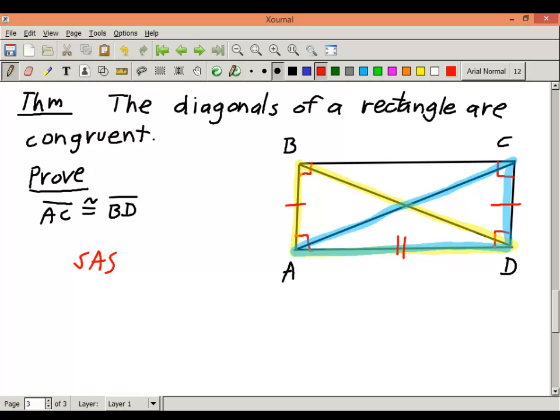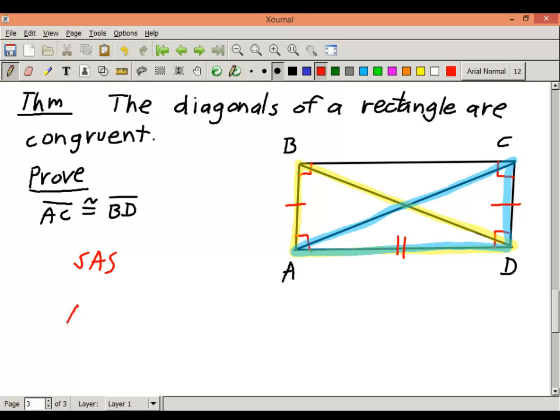So the yellow triangle and the blue triangle are congruent by side, right angle, side for the yellow. And the blue, side, right angle, side, so SAS. Okay, now, notice now the two diagonals of the rectangle are the hypotenuses of those two colored triangles. So now we can say what we're trying to prove.